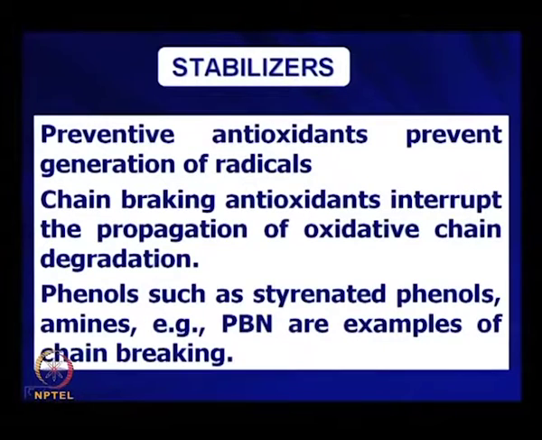Here you see phenols such as styrenated phenols, and amines. Amines are also antidegradants. Amine derivatives are derivatives of ammonia, NH3. You replace one hydrogen of ammonia by a phenyl ring, by an aliphatic radical or aromatic radical, and you get aliphatic or aromatic amines. Again you can have amine derivatives. So, phenyl beta naphthylamine, PBN, here it is written PBN.